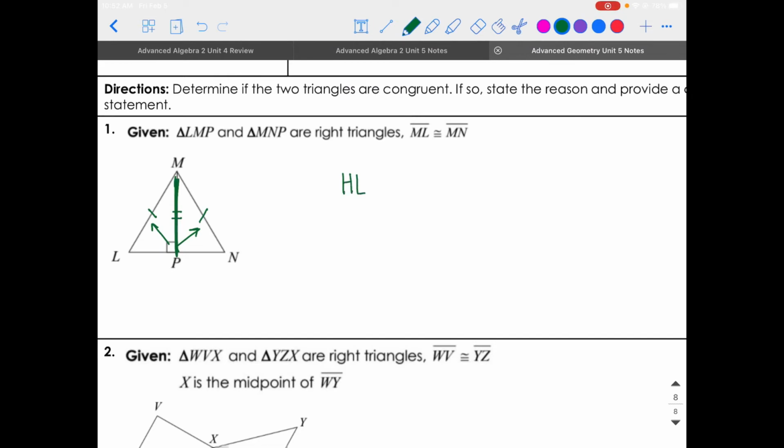So HL, so triangle LMP is congruent to triangle NMP.